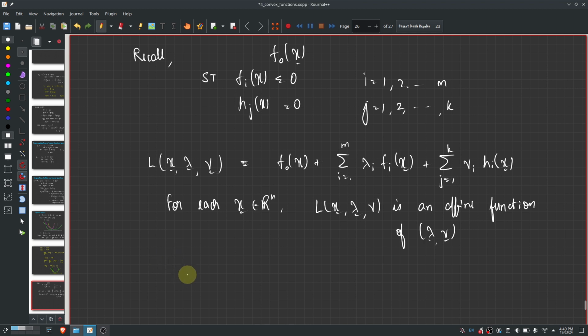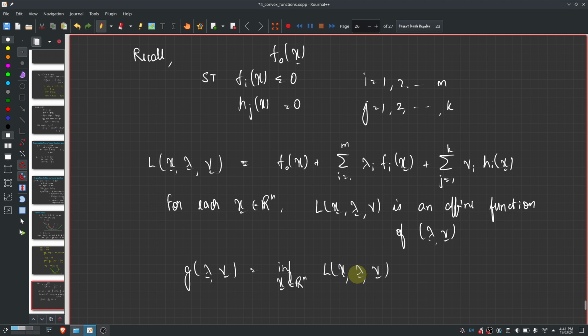Right? And I defined the Lagrange dual function g of lambda and nu as the infimum over all possible x in the domain of L of x, lambda, nu. Here I'll assume that the domain is R^n. So I'm taking the infimum of affine functions.